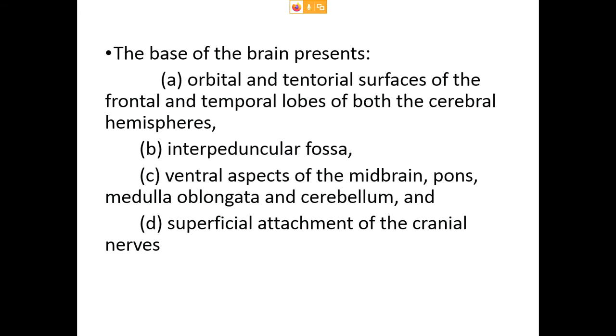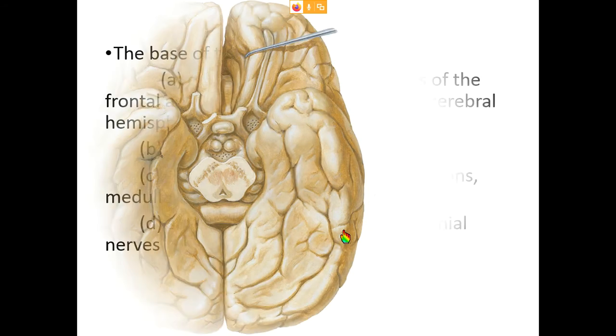First we can identify the orbital and the tentorial surfaces of the frontal and the temporal lobes of both cerebral hemispheres. Then you can identify interpeduncular fossa, then ventral aspects of midbrain, pons, medulla oblongata, and cerebellum we can identify. And last, we are going to see the superficial attachment of the cranial nerves.